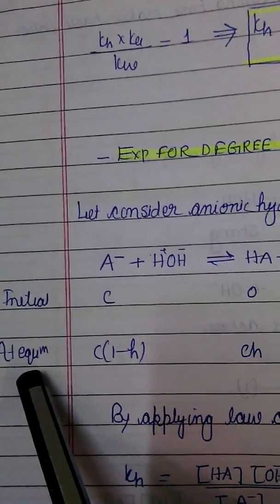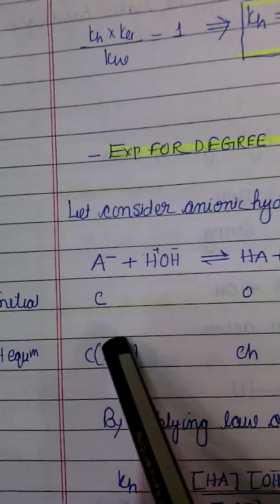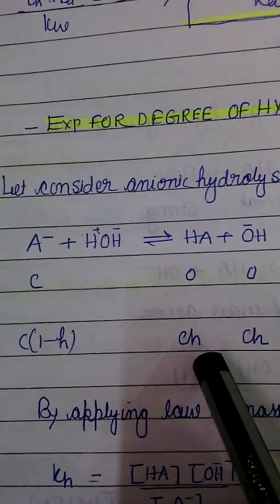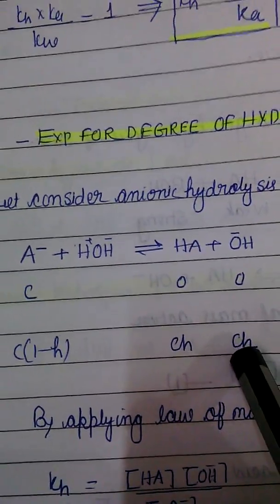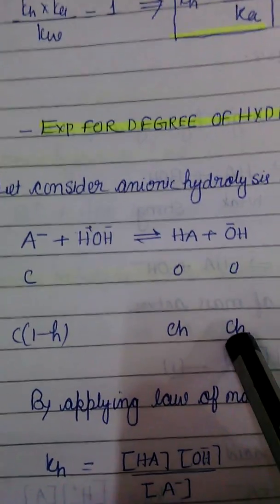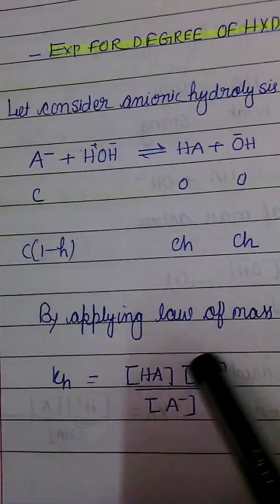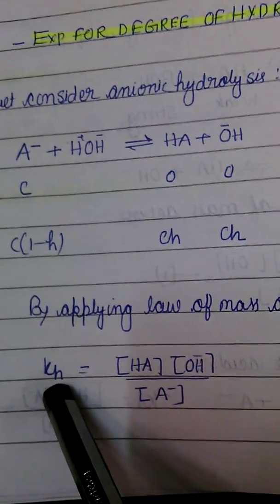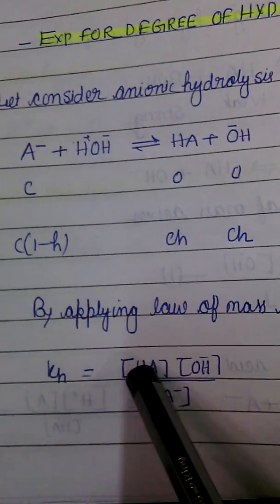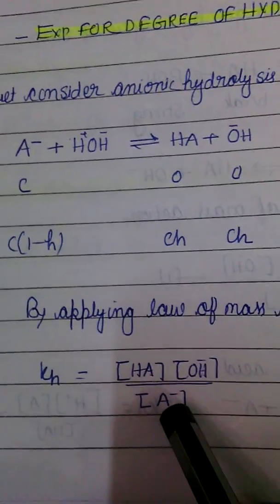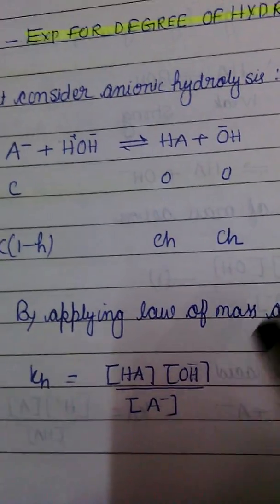When equilibrium is achieved, the concentration of A- ion will be C(1 minus h), that of HA is Ch, and the concentration of OH- is also Ch. Now again, by applying the law of mass action, we get the expression for Kh, which is the ratio of product of concentration of HA and OH- and that of A- ion.